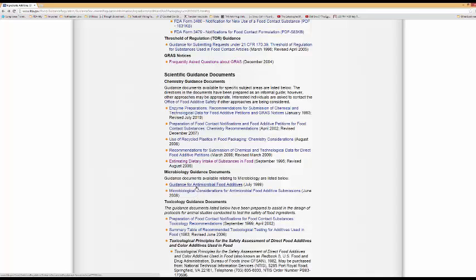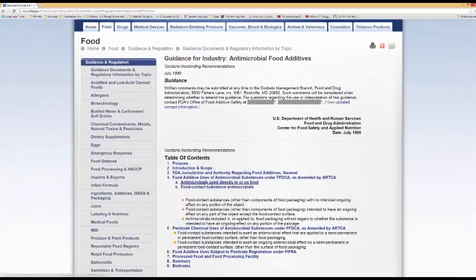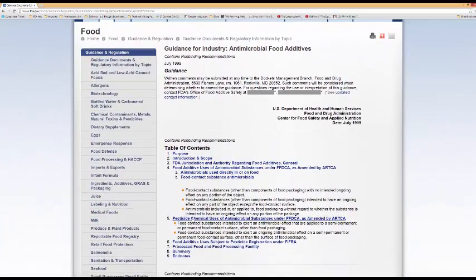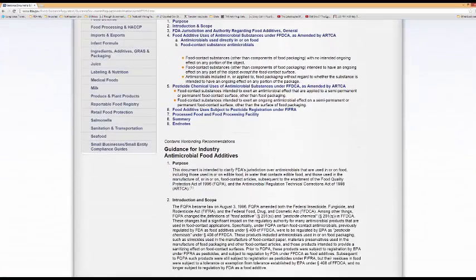And so this is looking at something specific, and that's why we haven't seen it in our substantive review. But pesticide chemical use is a form of food additive. So we have to be careful about that and about antifungal, antimicrobial substances. So we have a number of ways that we're bringing in different entities.